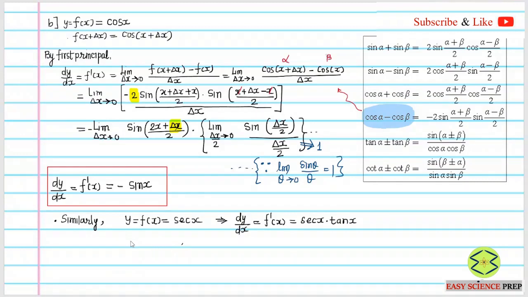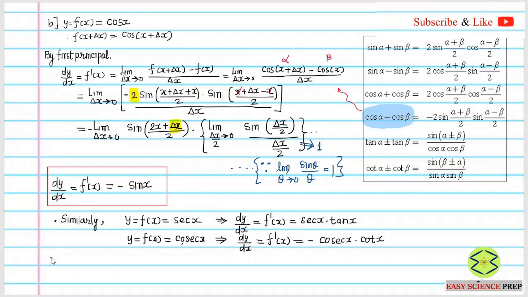Similarly, if you have y equal to f of x equal to cosec x, you will be getting dy by dx, that is f dash of x, equals minus cosec of x into cot of x. Sec and cosec.